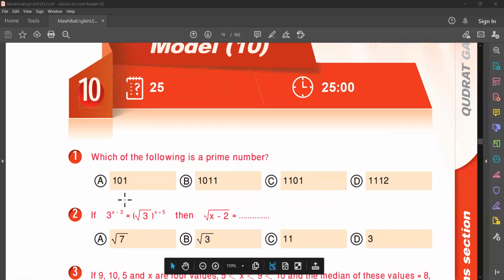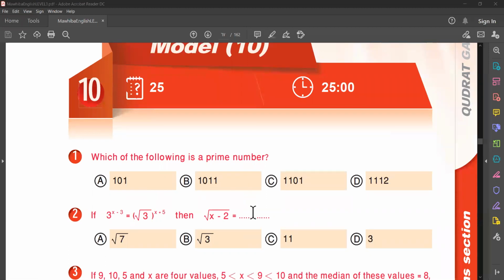Now, number one: which of the following is a prime number? So we have odd numbers and prime numbers, and also even numbers. Can you give me an example of a prime number?